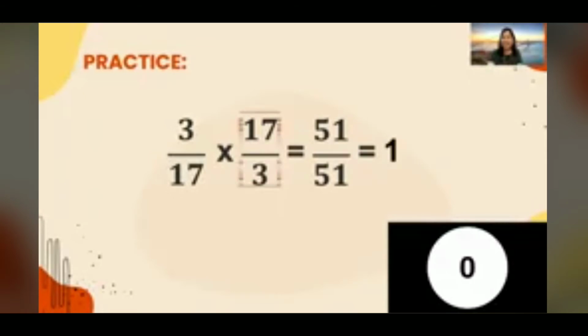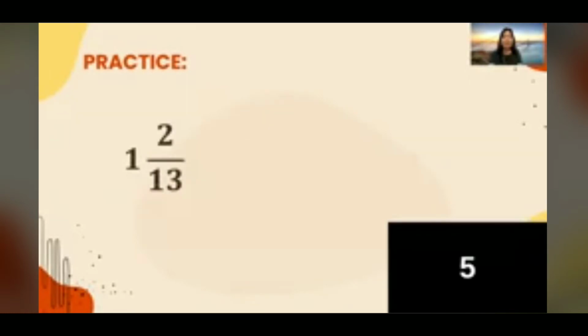Very good. So meaning 17/3 is the reciprocal of 3/17. Did you get it right? Amazing. Here is a mixed number. 1 and 2/13. Get its reciprocal within 1 minute. You can see your timer on your screen.